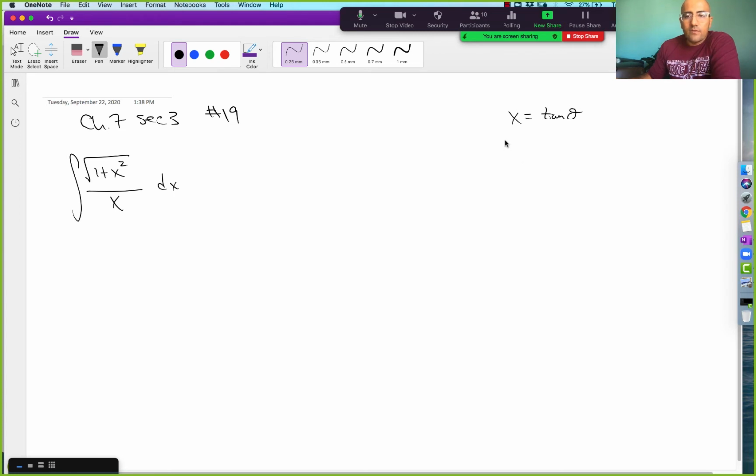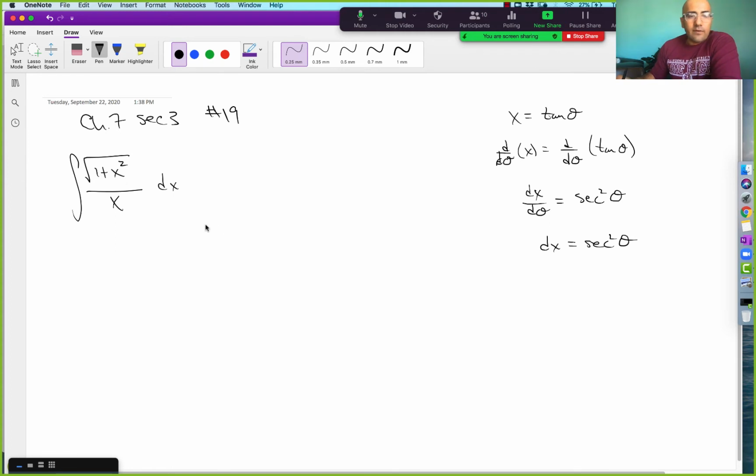So dx d theta is equal to secant squared theta, so dx equals secant squared theta d theta. All right, so we have a value for that.